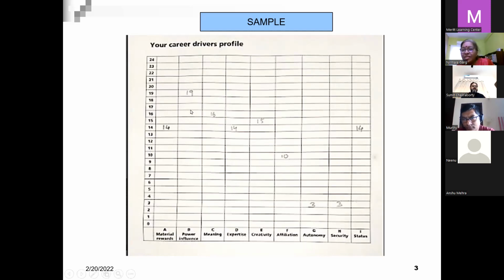Typically in these career drivers, you look at the top three, like for example 19, then the next will be 16, and the next is 15. You can also add 14. Now let us see meaning. Along with power, this person is saying he also wants some kind of meaning in what he is doing.